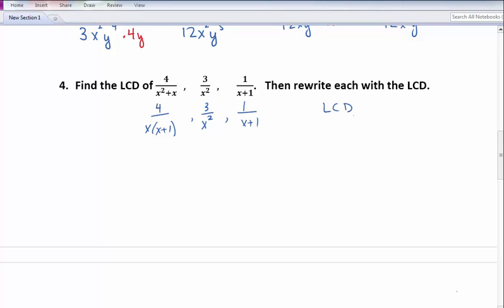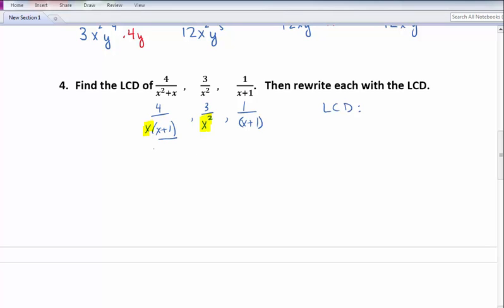So the LCD is going to be built, there's no numeric coefficients other than 1. So the LCD is going to be built out of those variable factors. And if I look at the like bases, this one has an x to the first power and this one has an x to the second power. And this one over here doesn't really have a base of x. This x plus 1 is sort of like this factor over here.